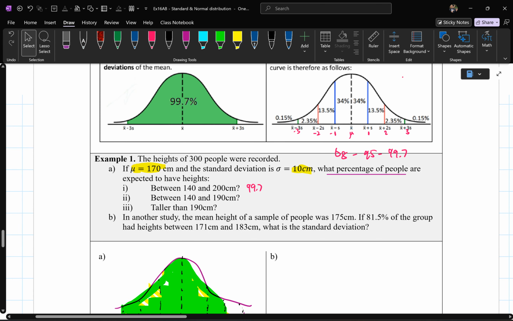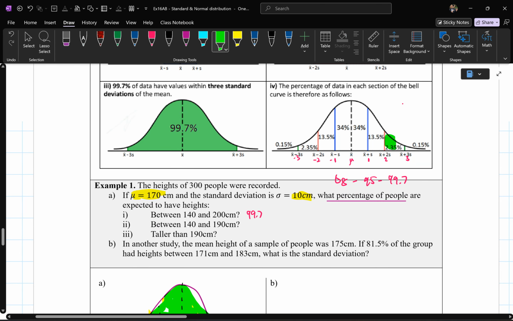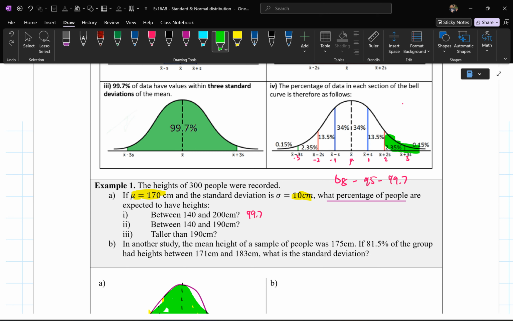Again, you can look at this graph here. You can use the property. That's just up to 2, so you already know that's 2.35 plus 0.15, which is really 2.5. And then you can take away that 0.15 and you get the rest.